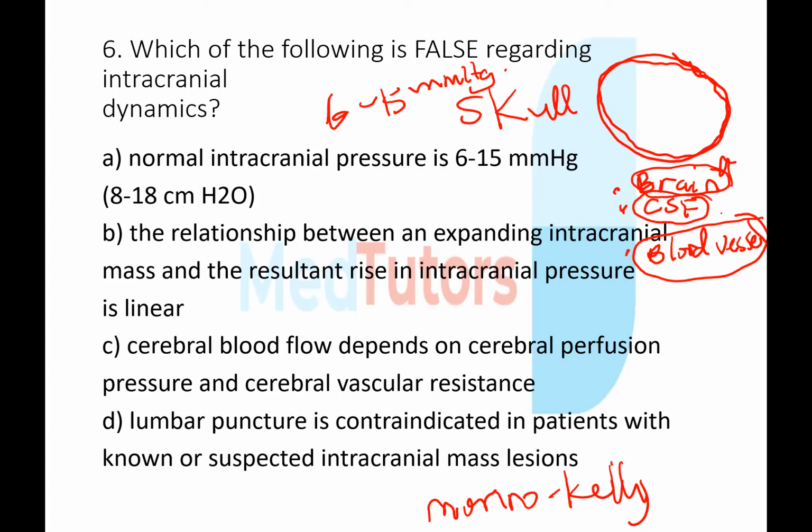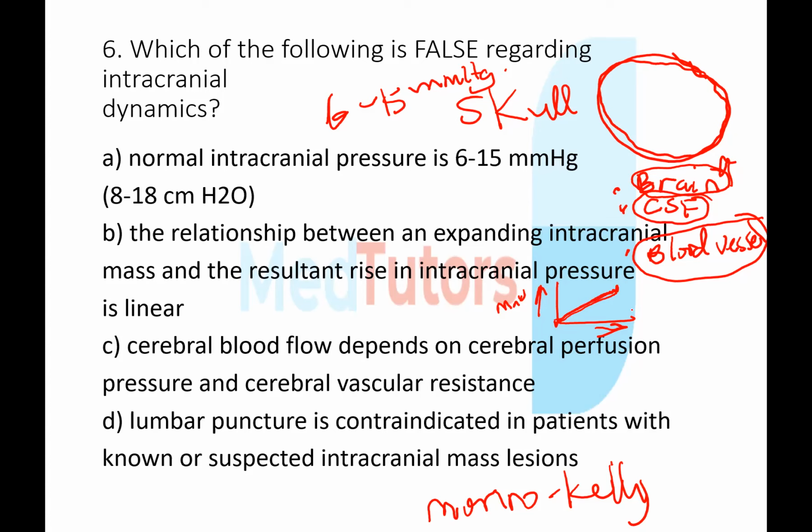The relationship between the expanding intracranial mass and the resultant rise in the intracranial pressure is linear, meaning as the mass increases, the intracranial pressure will also increase. So this is not true because it tends to balance.